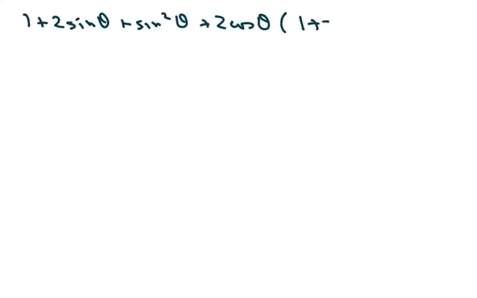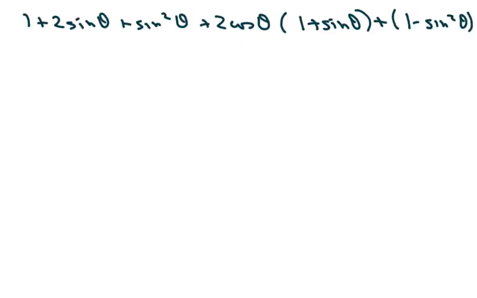So what we're going to get is, I'm going to write it all again because we're on the next slide. 1 plus 2 sine of theta plus sine squared of theta plus 2 cosine of theta times 1 plus sine of theta. And I'm going to go ahead and write my cosine squared theta I had before also as 1 minus sine squared of theta.